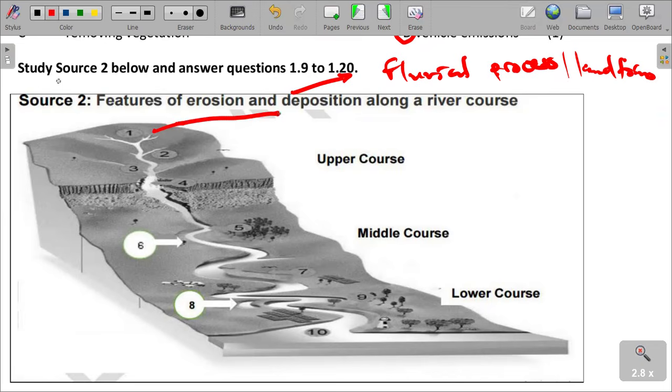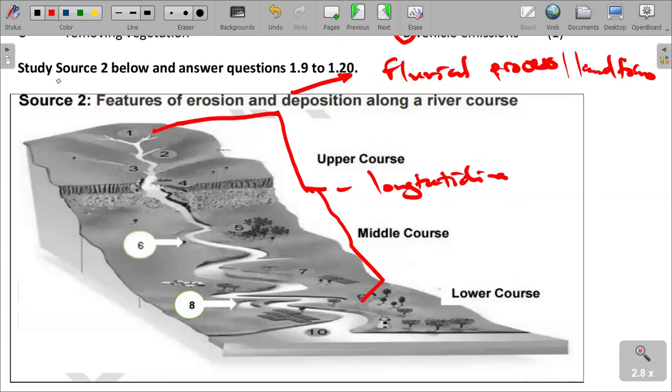What is given from here to the end, we call the longitudinal section of a river channel. We are talking about the river from the source.